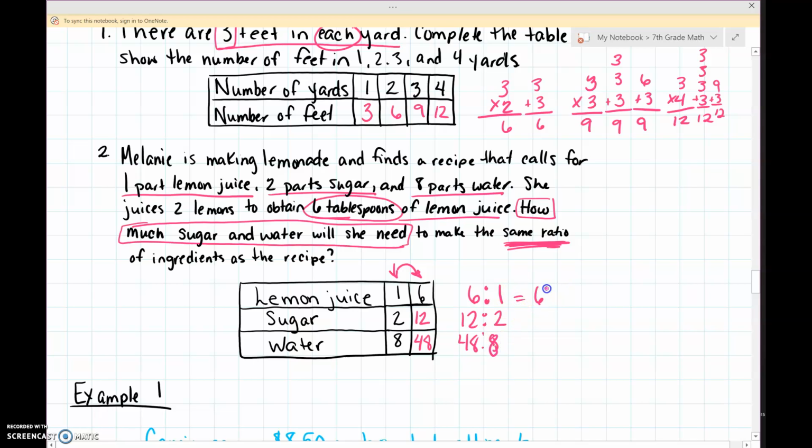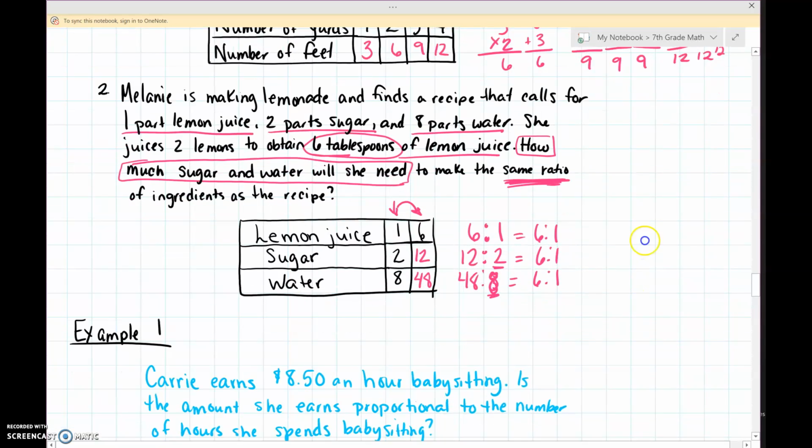So let's simplify. 6 to 1. 12 and 2 are both even numbers, so if I divide by 2, I get 6 to 1. 48 and 8, if I divide by 8, I get 6 to 1. To figure out my unit rate, I can always divide by this second number so that you can get it down to 1. So that is going to be the same ratio as the original recipe of 1, 2, 8. See, 1, 2, and 8.